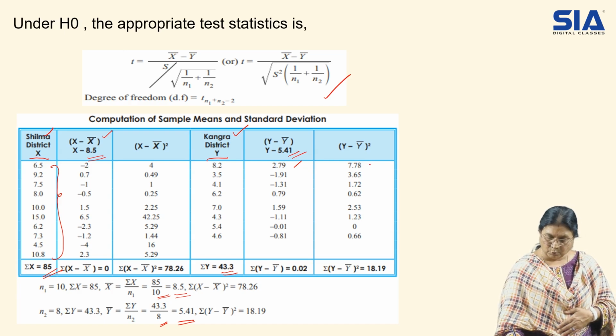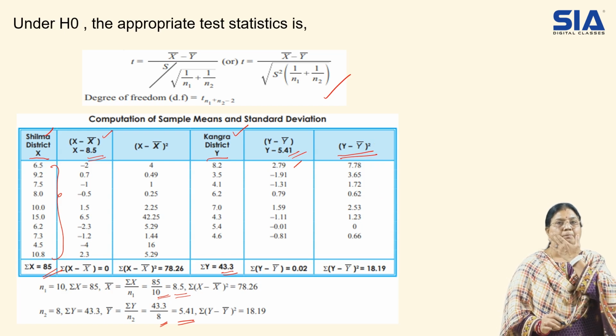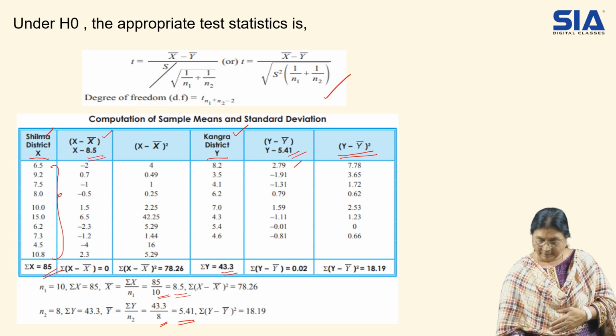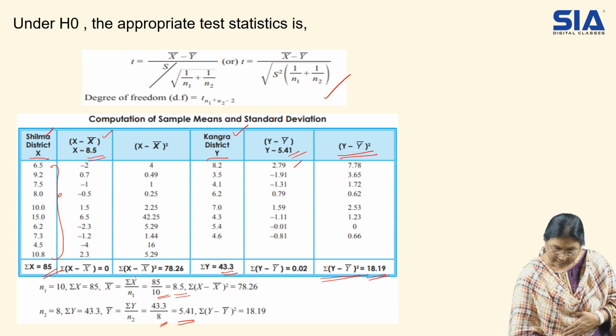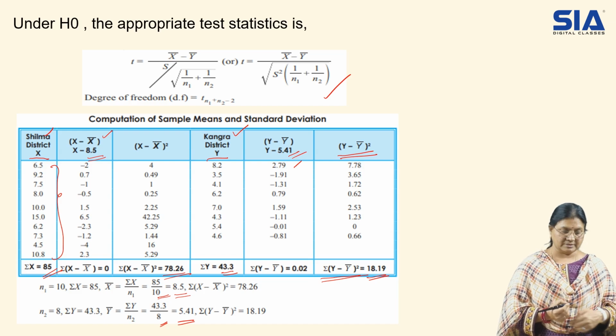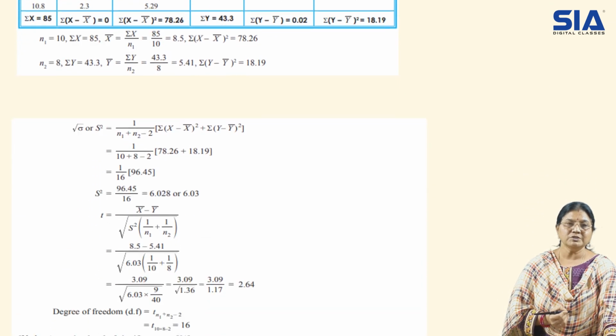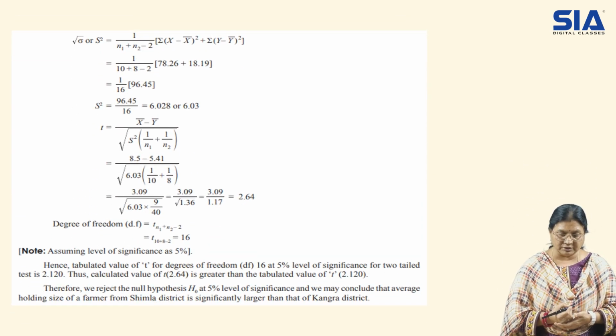Again I have squared it, y minus y bar whole square, so 2.79 whole square is equal to 7.78. This is how I got sigma y minus y bar whole square, which is equal to 18.19, and sigma x minus x bar whole square, which is 78.26.